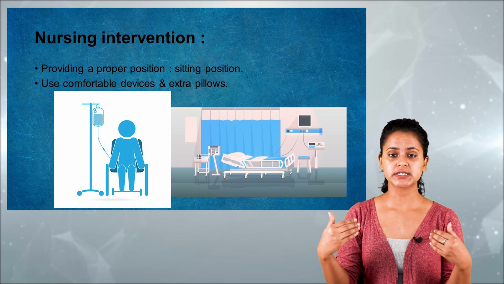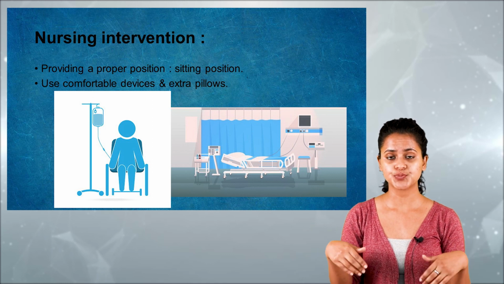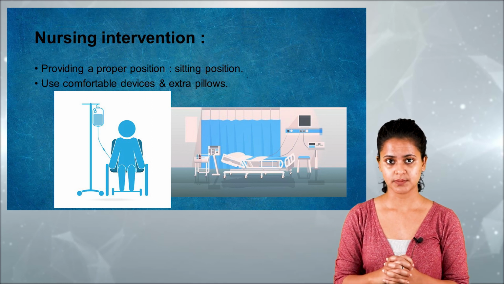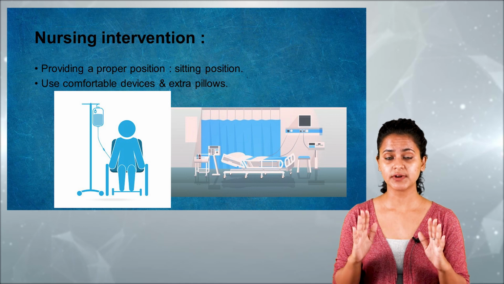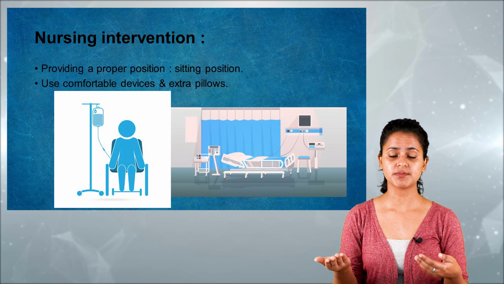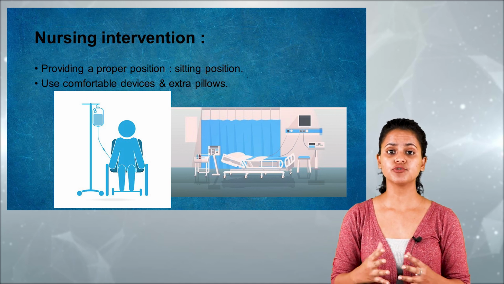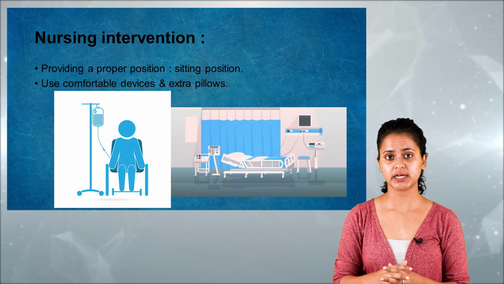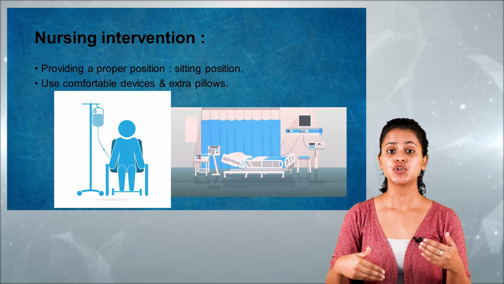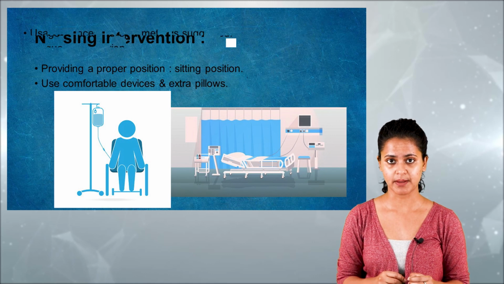Usage of comfort devices, side pillows should be ensured by a nurse to promote their comfort. Now, if the inflammation of the airway or airway obstruction is related to some underlying disease condition, usage of an incentive spirometer helps the client to increase their oxygen level and improve their breathing pattern.